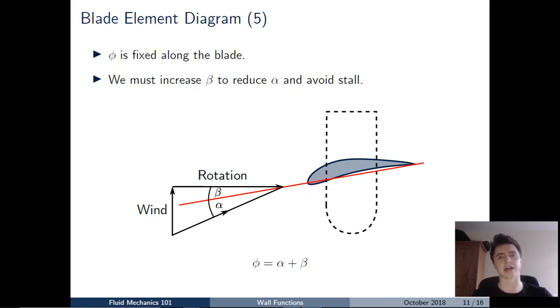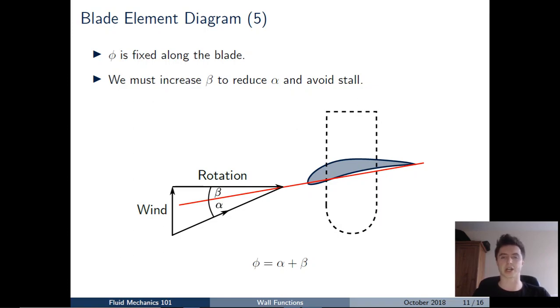But what beta allows us to do is pitch that aerofoil section into the wind, so from our diagram we rotate that aerofoil nose down, we increase the pitch angle beta, and therefore because the flow angle is fixed, we reduce our angle of attack.